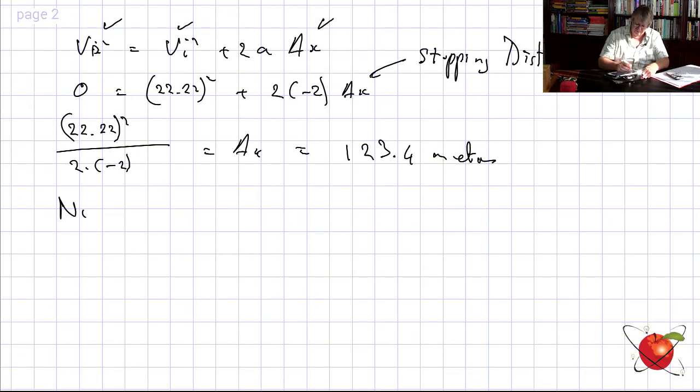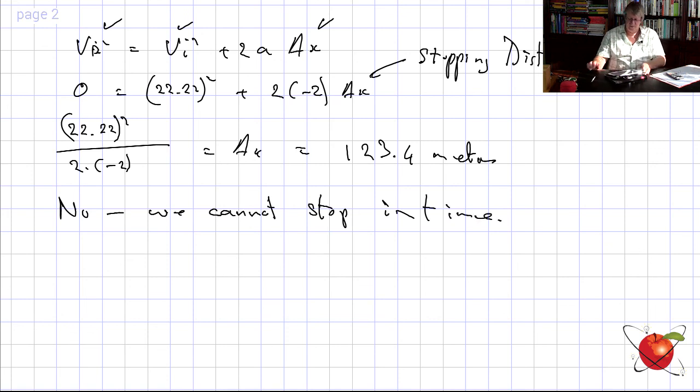No. We cannot stop in time. One of the problems with vehicles is that a lot of them have tremendous acceleration, but they don't have a matching deceleration. It's easy to get the car up to speed, but it's difficult to stop it in time.